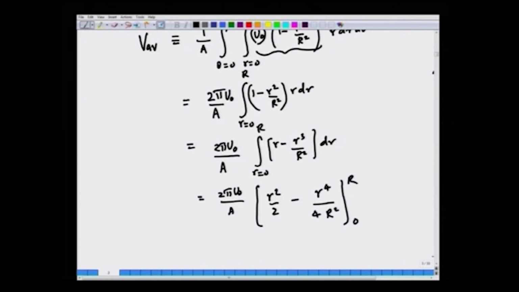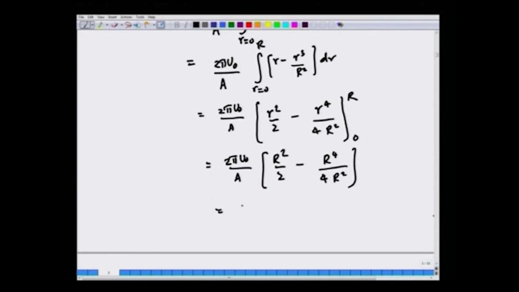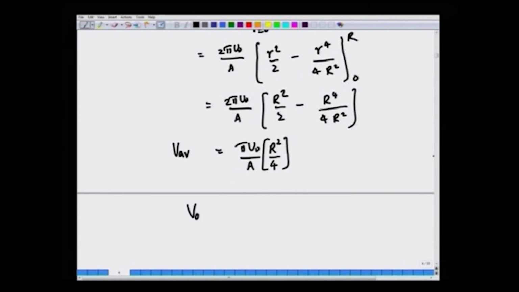So, when you evaluate this, 2 pi u naught by A times R squared by 2 minus R to the 4 by 4 R squared, this is nothing but pi u naught by A, this is V average, times R squared by 4.